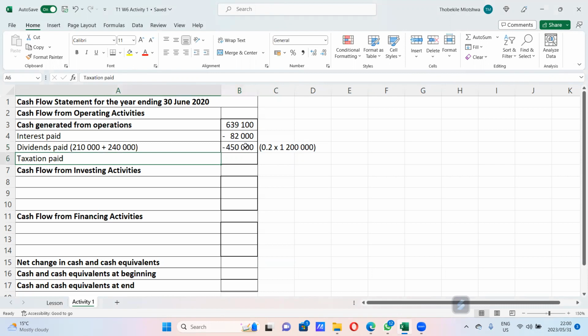And then taxation paid. I said opening balance. I'm going to write it here. Opening balance plus current tax minus closing balance.